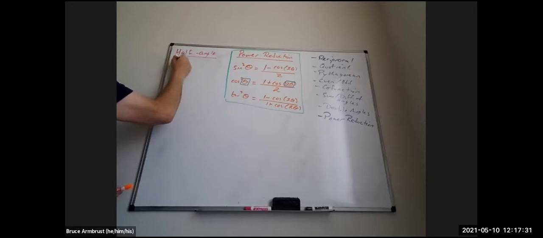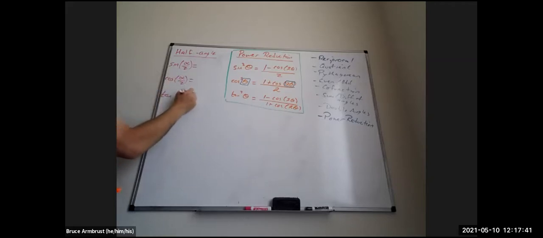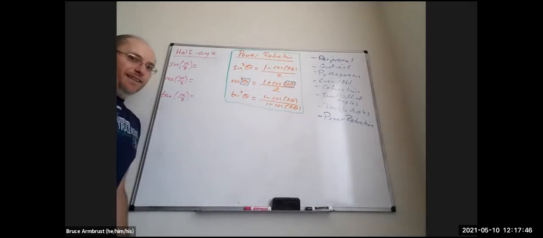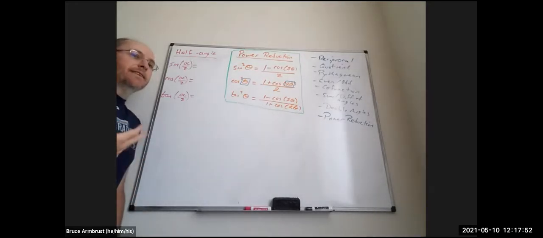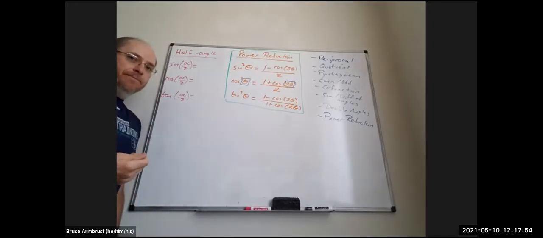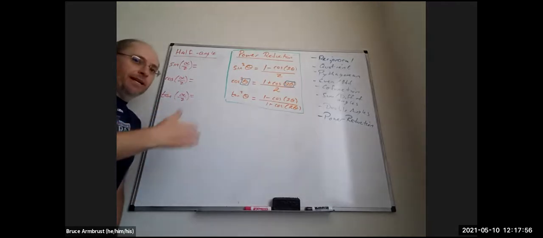They're going to start: sine of alpha over 2 equals, cosine of alpha over 2 equals, and tangent of alpha over 2 equals, what? We got half of angles in there. Yeah, so these are the half angle identities. So think of these like the double angle identities, except instead of doubling, we're cutting in half.